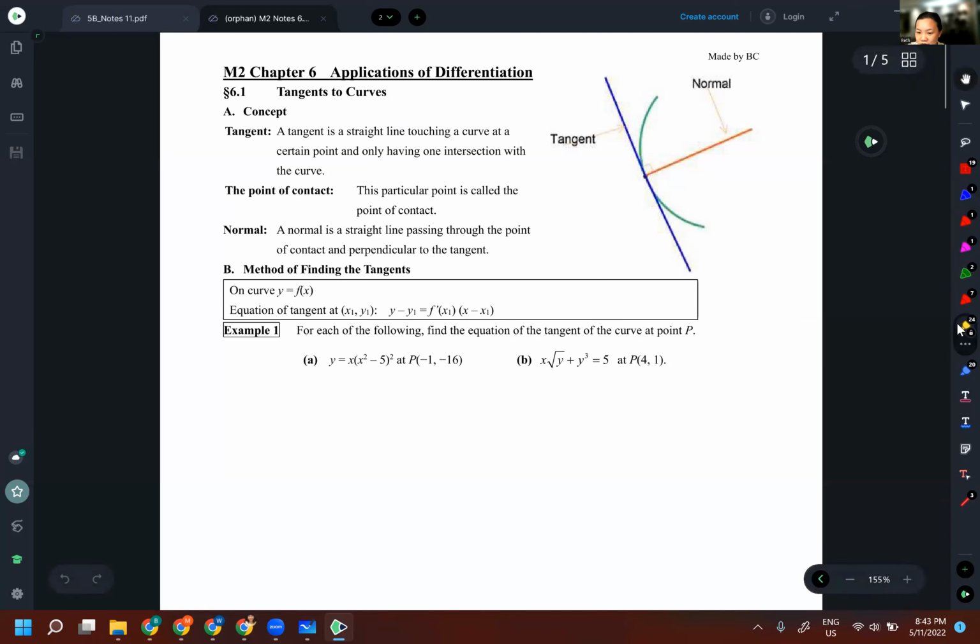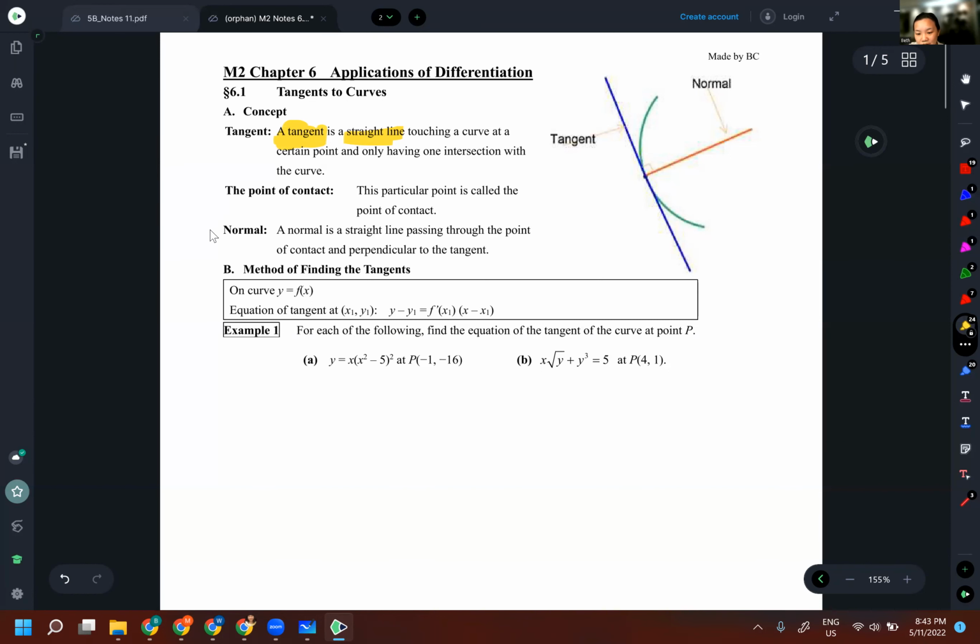First, tangents. Tangent is a straight line touching a curve at a certain point and only has one intersection with the curve. Okay. The point of contact is this point.